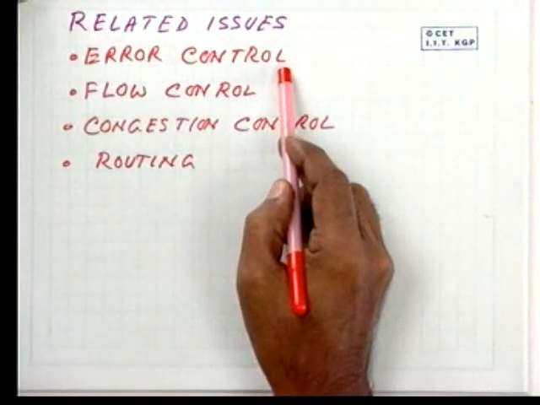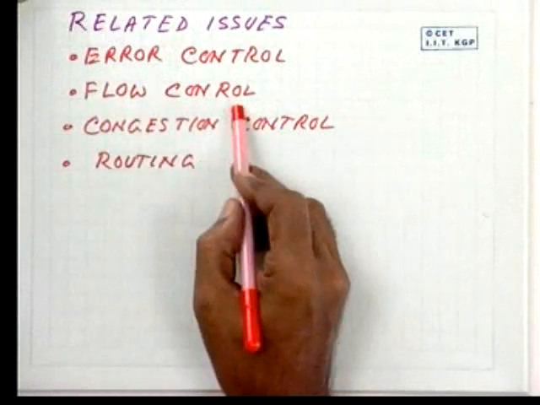And we shall discuss these issues one after the other. The error control we have already discussed, how we can detect error, then we can control error by using suitable ARQ techniques, automatic repeat request techniques. In this lecture, we shall focus on flow control.